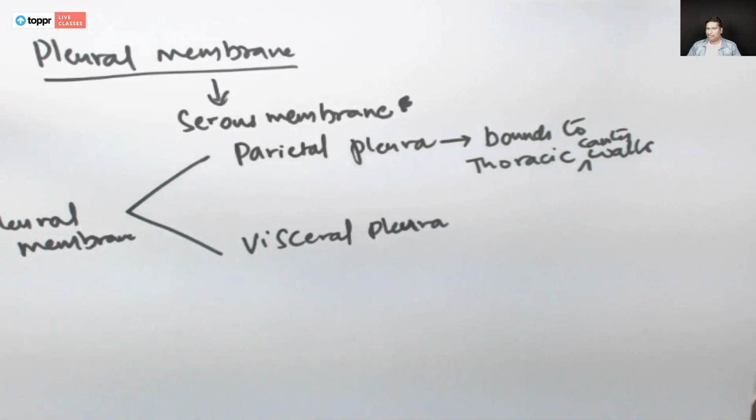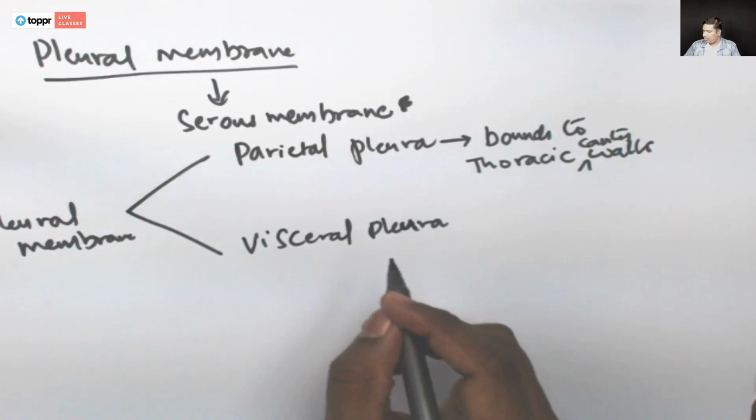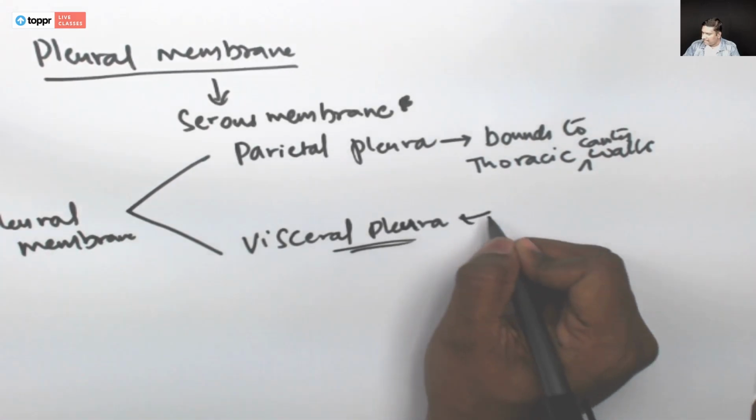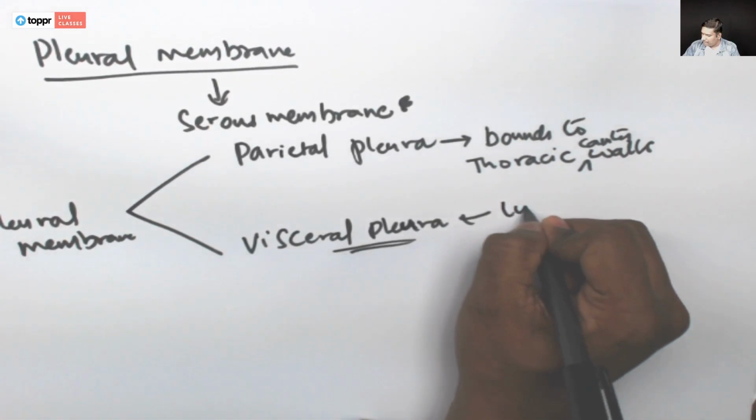The outer layer of the complete membrane which is covering the lungs, the pleural membrane, is connected to the thoracic cavity walls. What about the inner layer? The inner layer is actually sticking to the lungs.